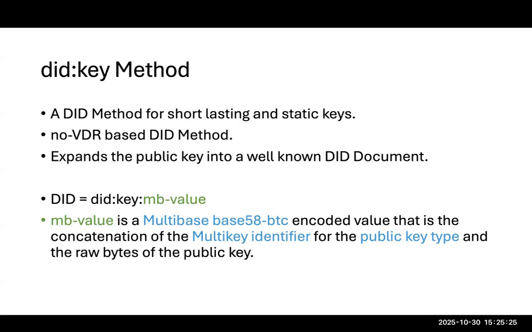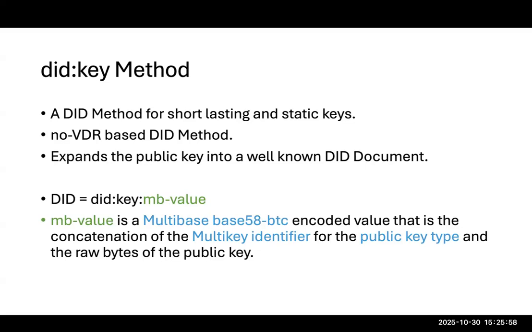So the DID is did:key: followed by a multibase value, where the multibase value is a multibase base58-btc encoded value. It is the concatenation of the multikey identifier for the specific type of public key and the raw bytes of the public key.